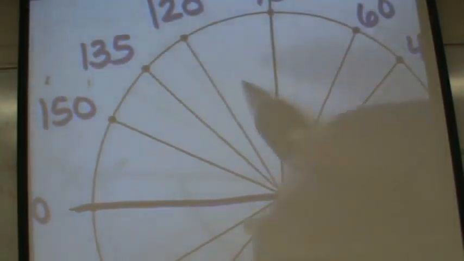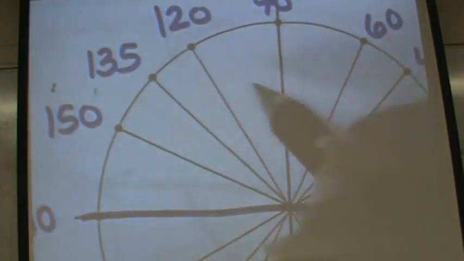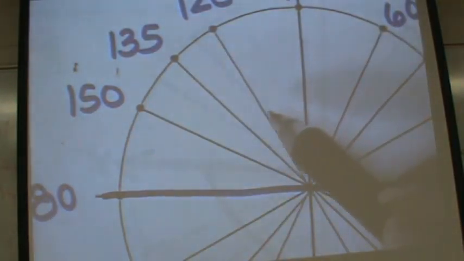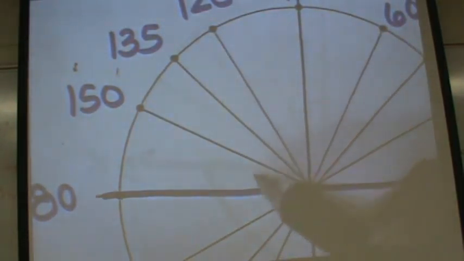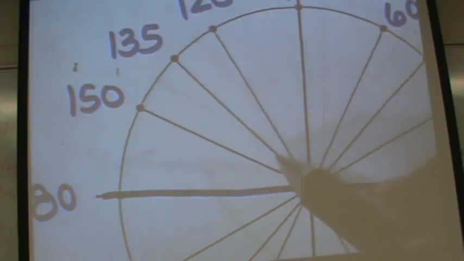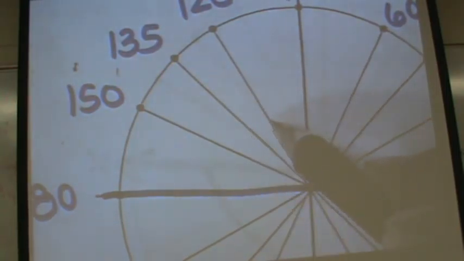Here is 120 degrees. From here to here is 120. So what angle am I making now with the x-axis? From 30 here to 30 here, 60. If I landed at 135, that would be 45. This is 30, 60, 90. From here to here is 60.